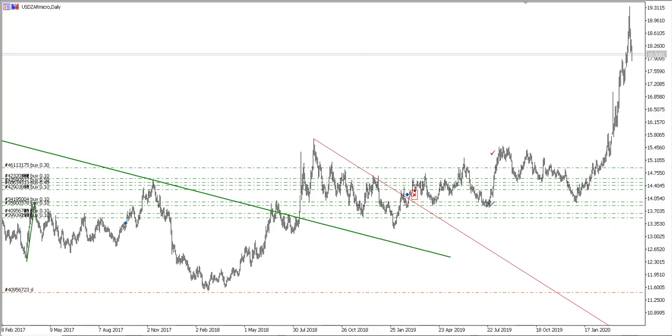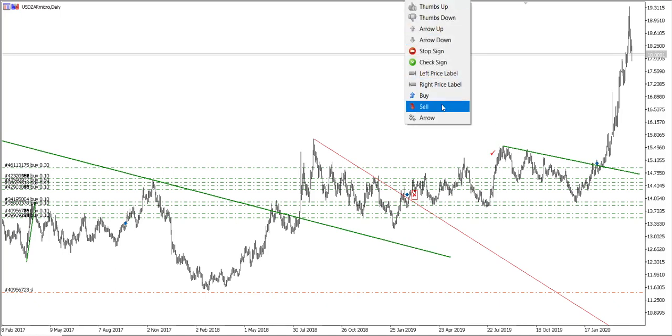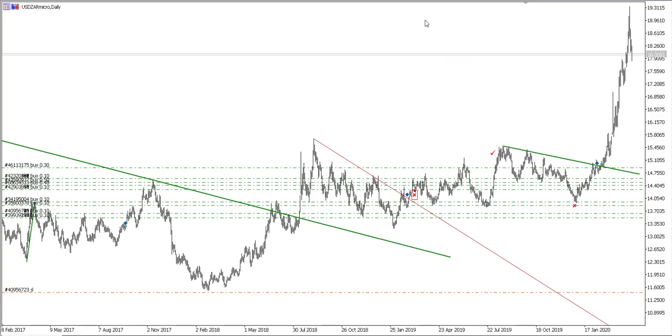I notice another impulse, another correction right here. We don't have to be very nitpicky about this. Impulse, correction, a deep correction almost to here, and a breakout. So you'll have your next buy order. This is where we got the juicy part, the biggest amount of profit.